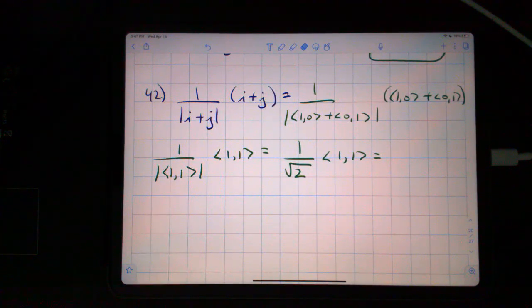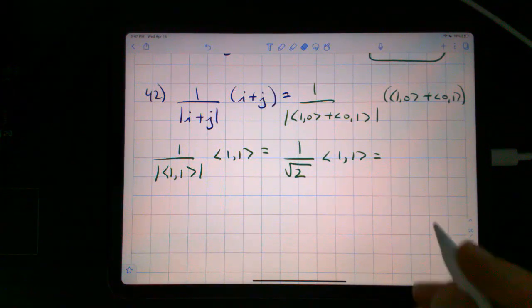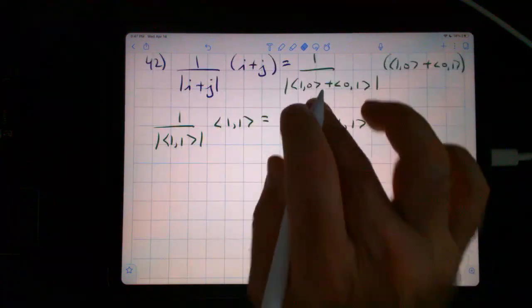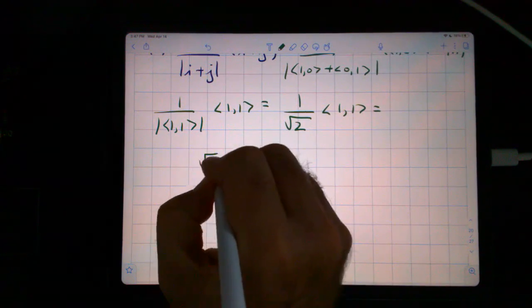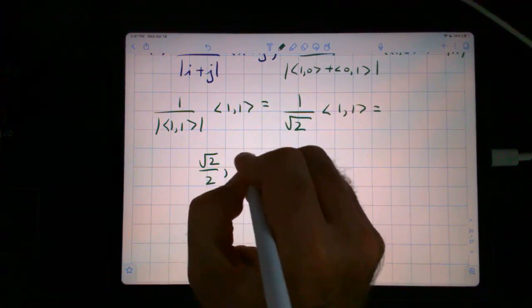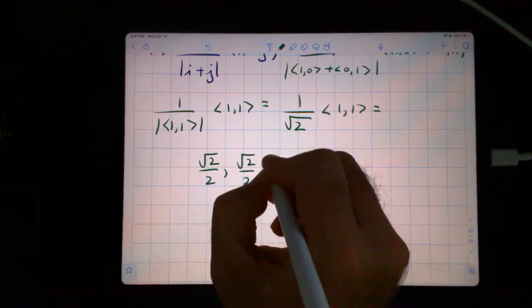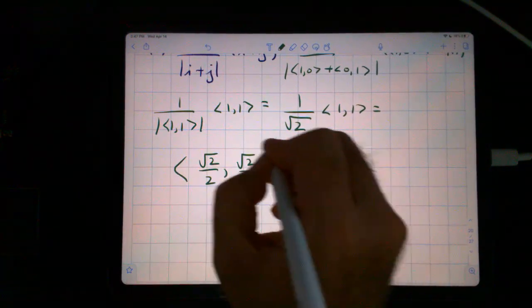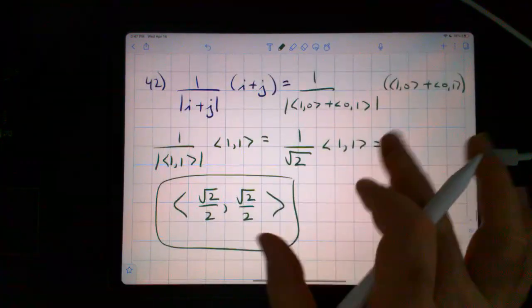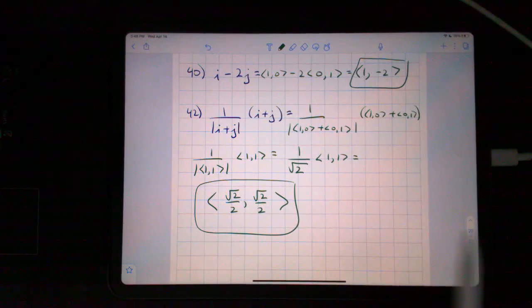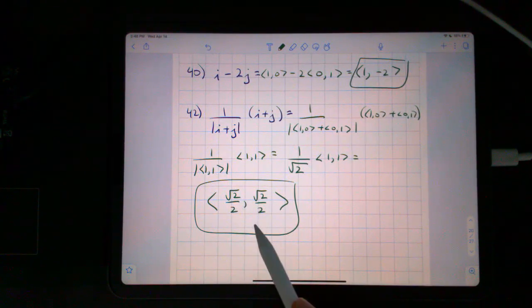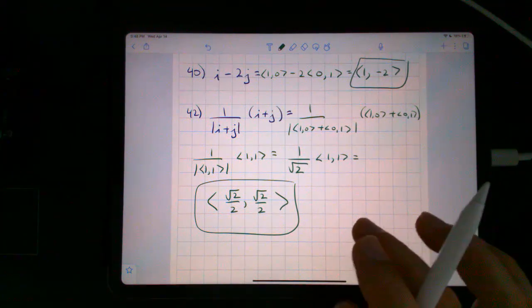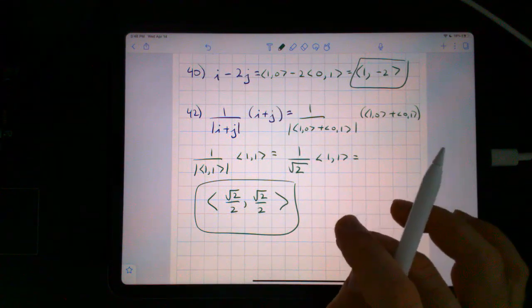Okay. Rationalize the denominator. And we have... which happens to be a unit vector, 45 degrees. We will get to that in a little bit.